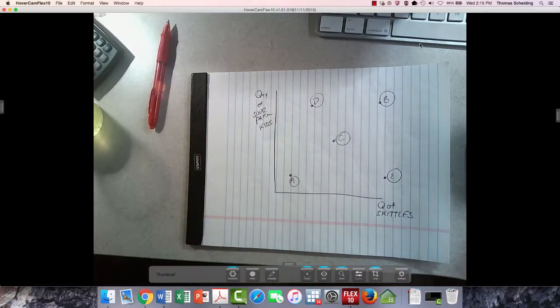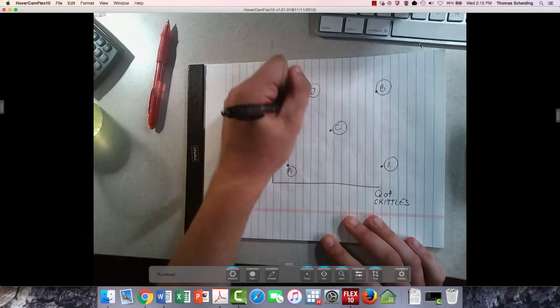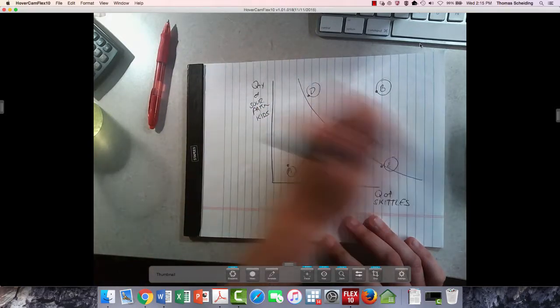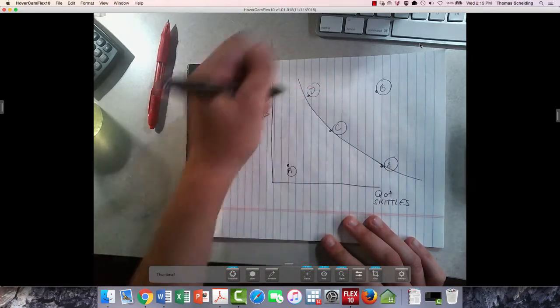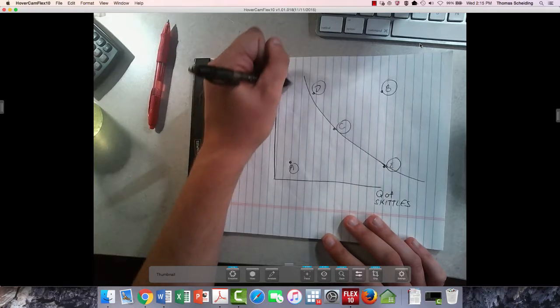Well, the idea is, I drew a line here, and in this case I had a line that was like this. It was kind of going through E, and we said that there were multiple lines here.